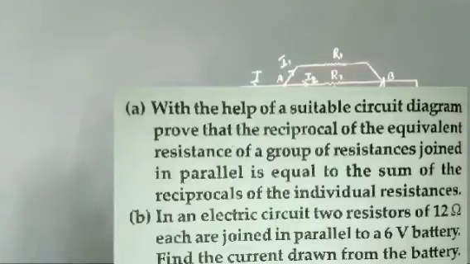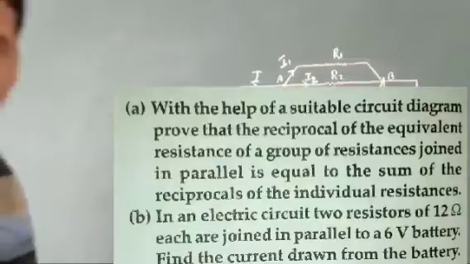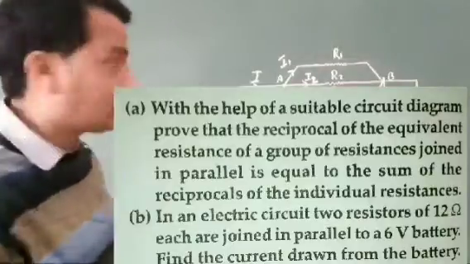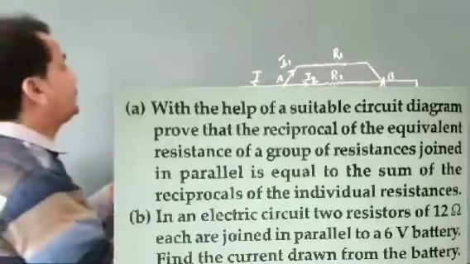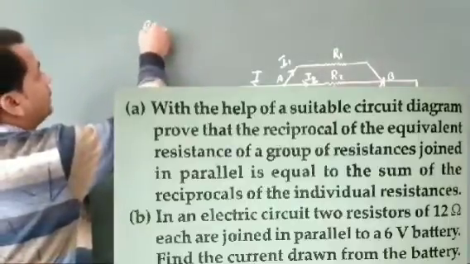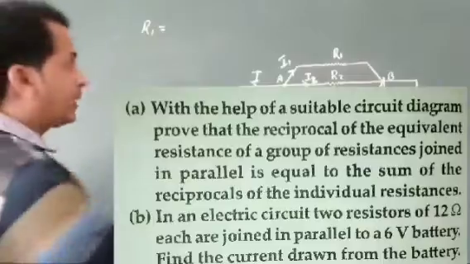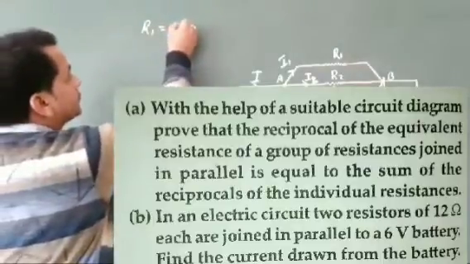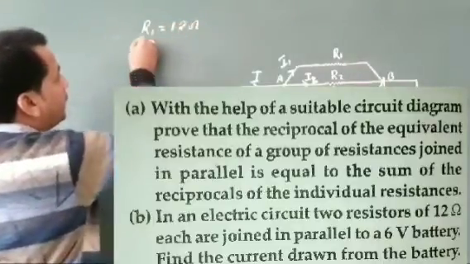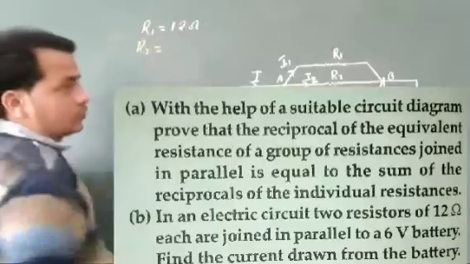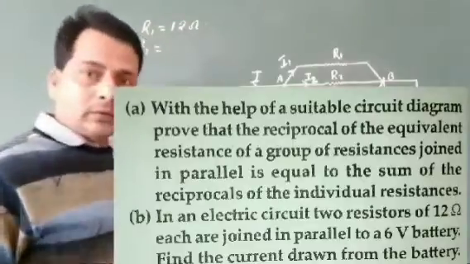Find the current drawn from the battery. So here each resistor is 12 ohm, meaning R1 equals 12 ohm and R2 also 12 ohm.